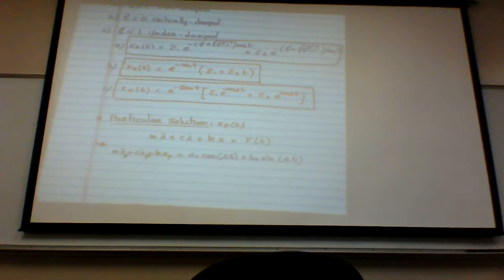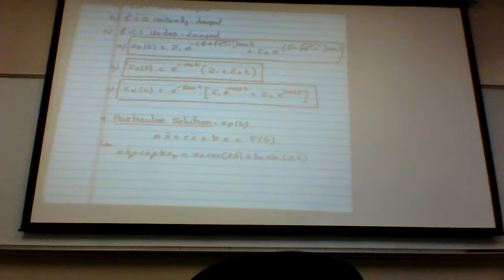Okay, so do you remember the procedure to solve the differential equations? What is the first thing to do? Assume the solution. Before, we assumed the solution to be a harmonic function, but yesterday we assumed the solution to be of the same form as the exciting force, or the forcing function.